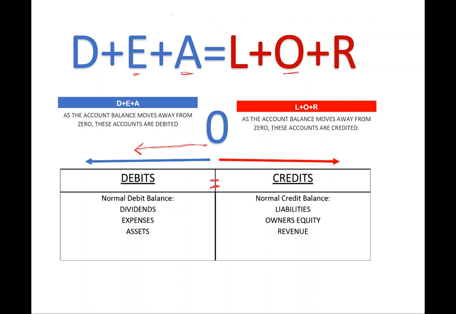On the right side of the equation, as our liability accounts increase or move away from zero, our equity accounts and our revenue accounts move away from zero, we will be crediting those accounts to show that increase. So the normal balance in a liability account, owner's equity account, revenue account will be a credit balance, meaning it will be on the right side of the T account.